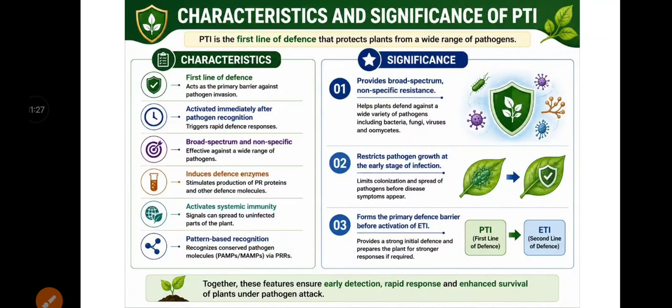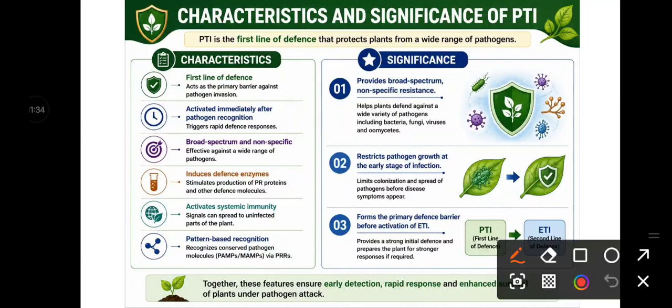Next, about characteristics of the PTI. So PTI, as we have already discussed, is the first line of defense that protects plants from a wide range of pathogens. This is a broad spectrum defense mechanism. It's the first line of defense activated immediately after pathogen recognition. Then it is broad spectrum, non-specific. See, PAMP molecules are conserved molecules, not like the effector or the specific toxins.